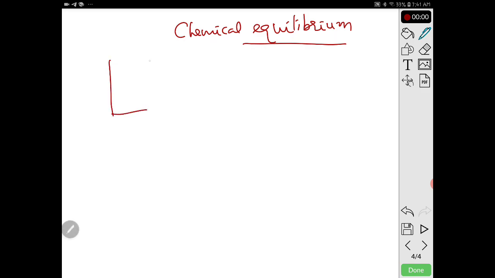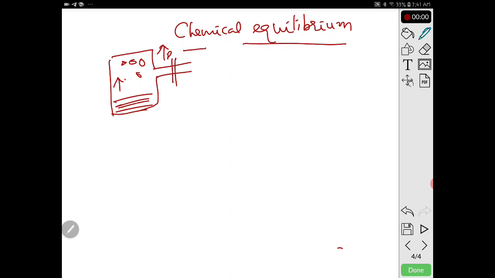If you take vapor pressure, there is a closed container fitted with a barometer. There is some liquid. Initially the molecules get evaporated and move here and there, so the pressure keeps on increasing. After some time the pressure becomes constant. Why?